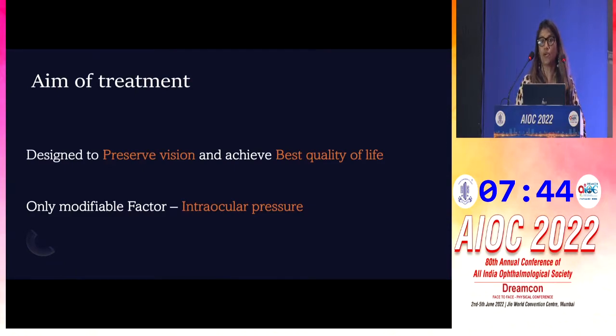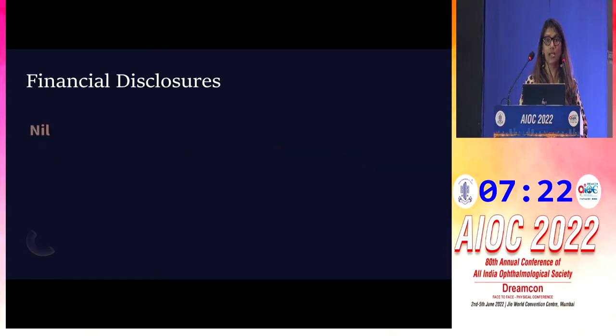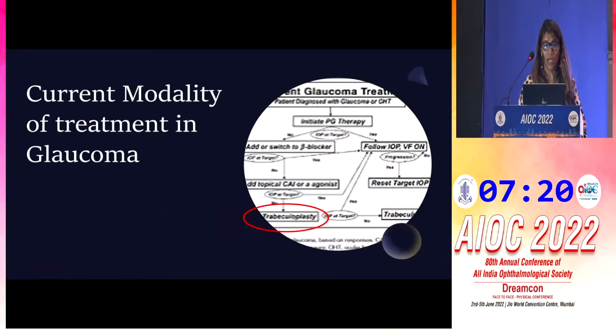When we talk of glaucoma, the aim of treatment is to preserve the residual vision while achieving the best quality of life. And quality of life today plays a very important role in glaucoma management. The only modifiable risk factor in glaucoma is intraocular pressure. So our main target is to reduce the intraocular pressure. And currently, how do we do it?